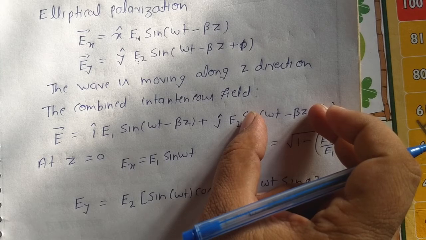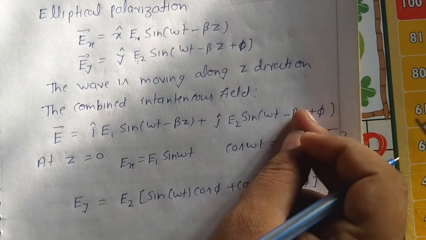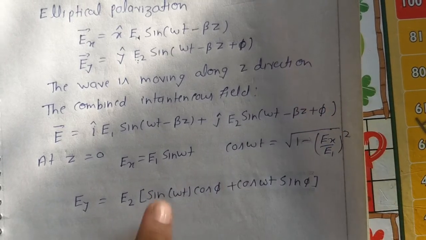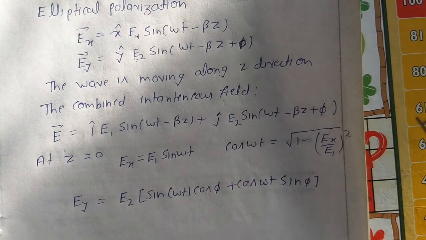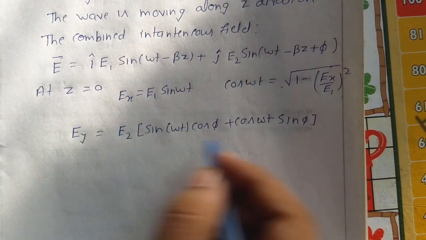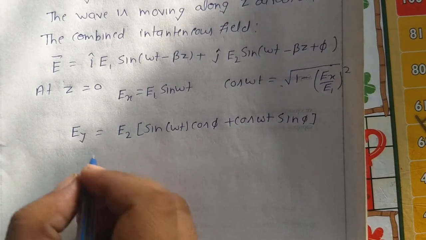We will expand this. Ey equal to E2 sine omega t plus phi at z equal to 0. So we expand sine a plus b, sine a cos b plus cos a sine b. Now we will put these two values in this equation and we will get the elliptical polarization equation.